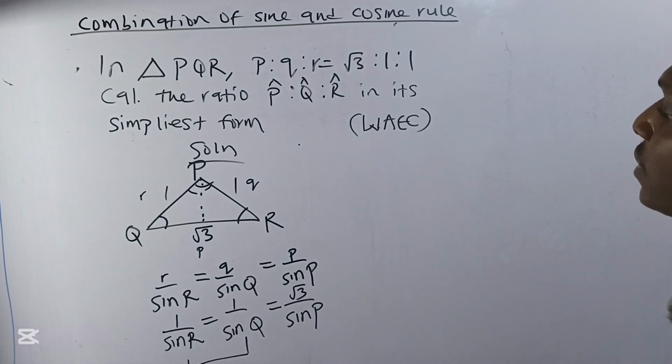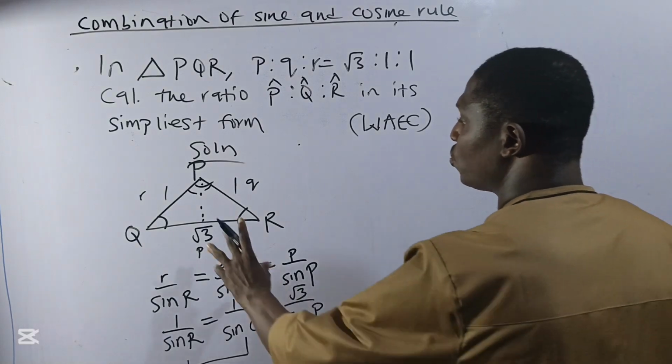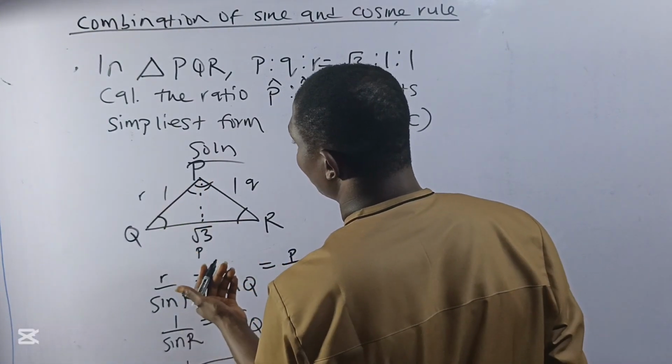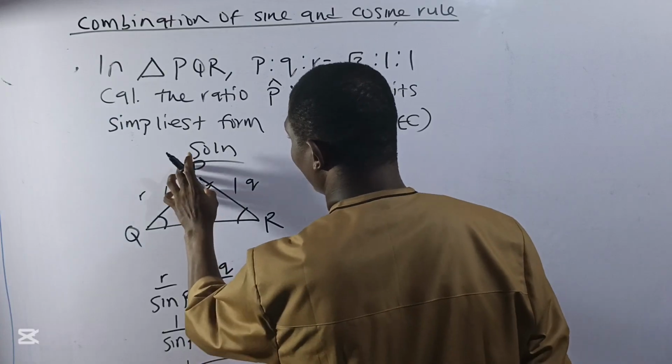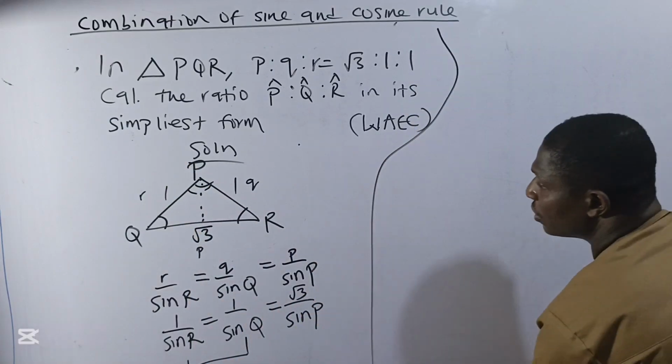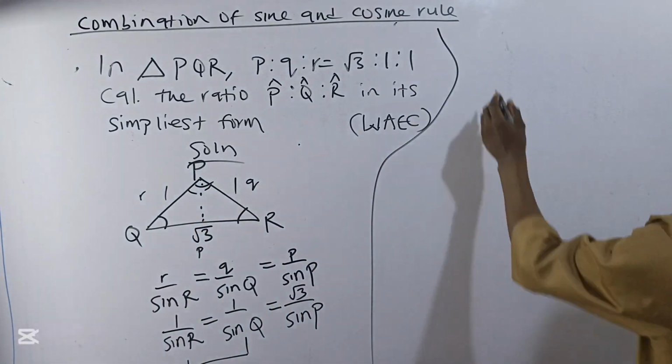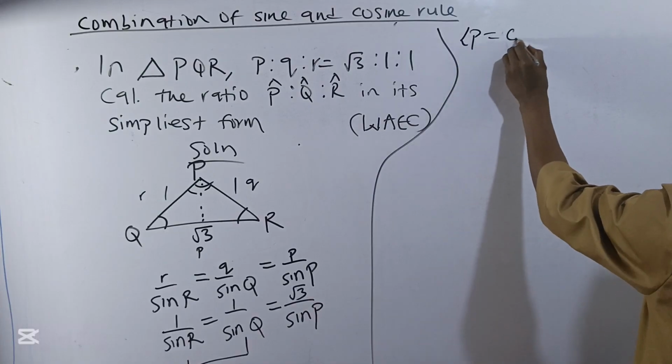Take note that I don't want to use that approach. I just want to use cosine rule directly to get my angle P.